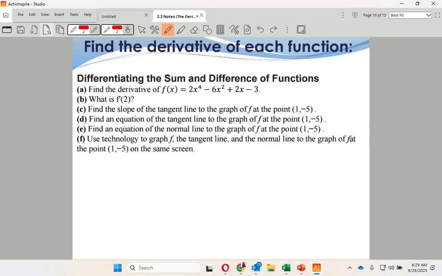Find the derivative of this whole thing. That means I'm going to do each term individually. So f prime of x, start there.